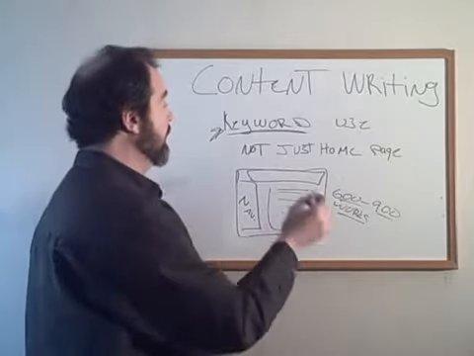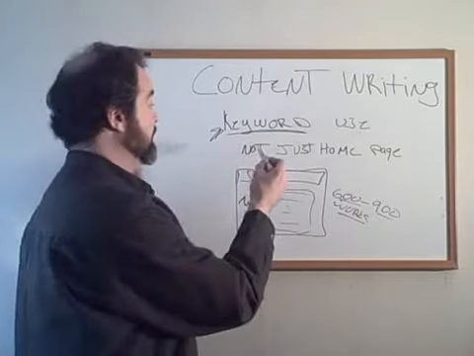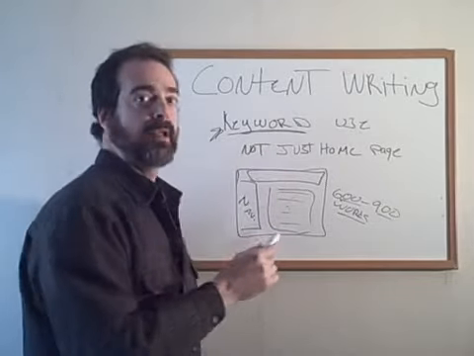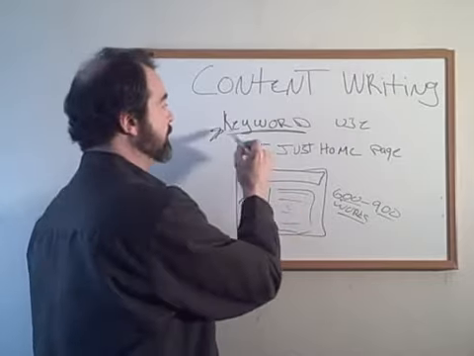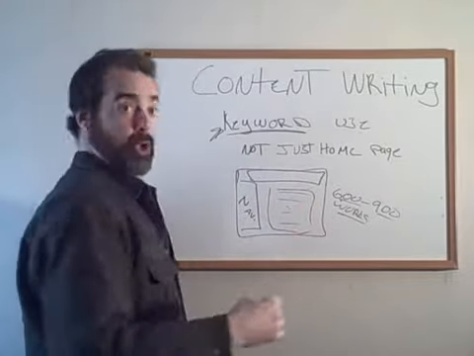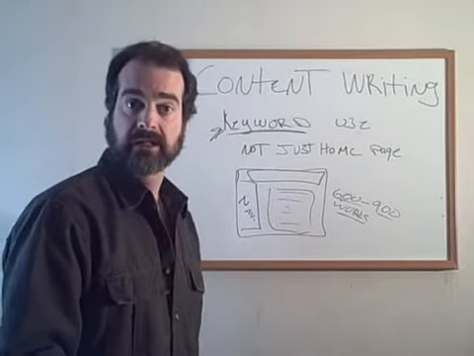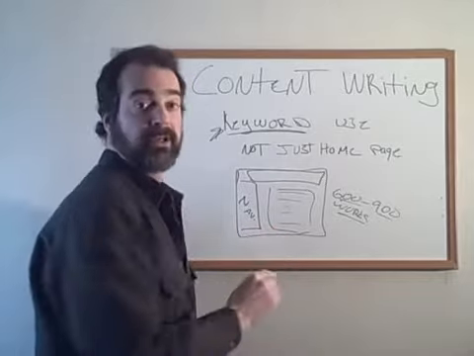Let me clarify. You have a list of keywords that you came away from in the last exercise. Don't take all of those keywords and cram them onto this page. Just use one of those keywords or a long tail version of that keyword per page in your content. That's very important.